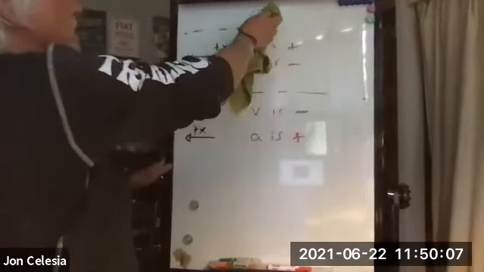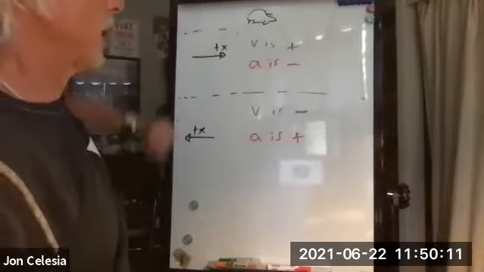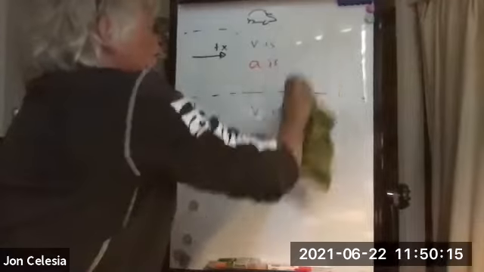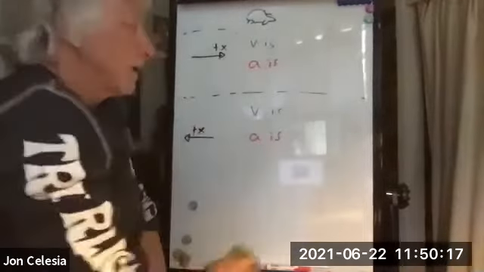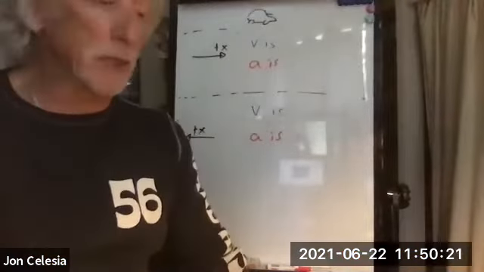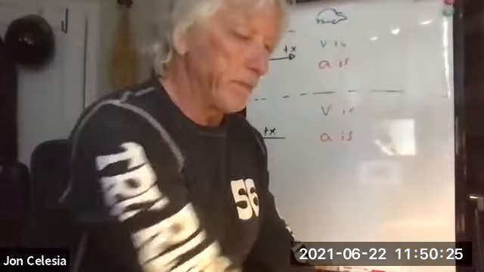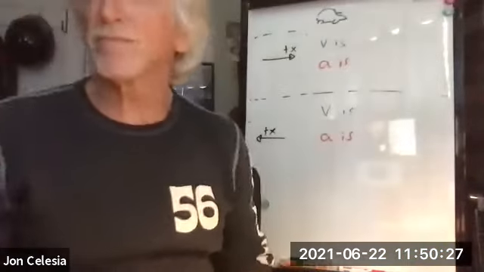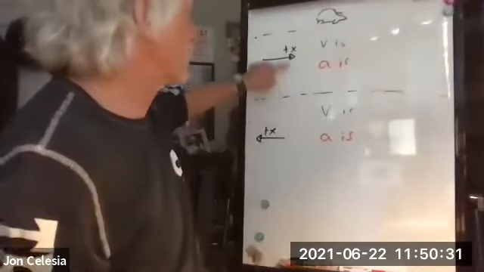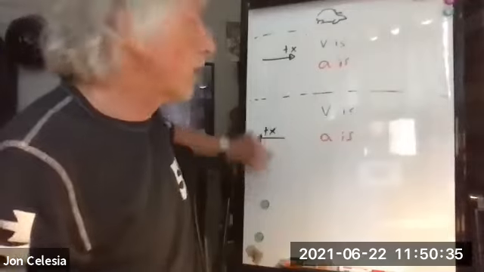But if you're traveling to the left, but decreasing speed, what direction's acceleration? Traveling to the left, decreasing speed, what direction's acceleration? Right? Yeah. And then whether it's plus or minus depends on which of these you choose. That's just a reference.